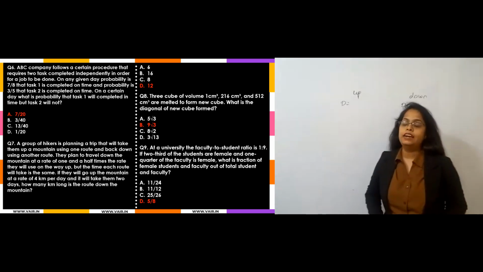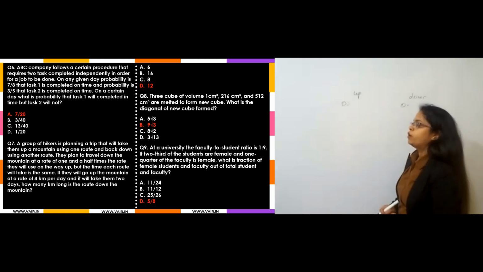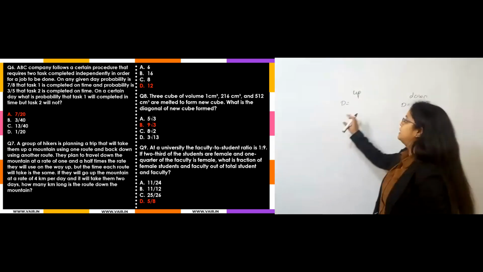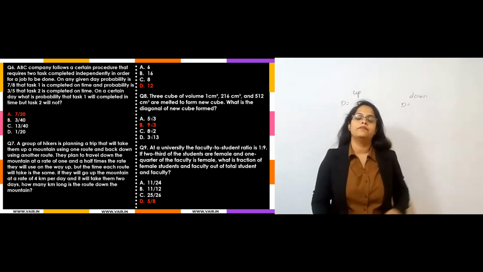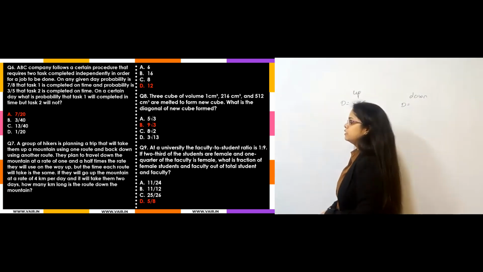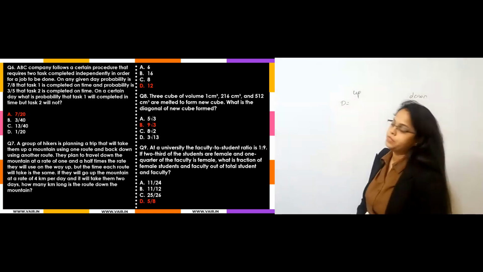Then they are saying that they plan to travel down the mountain at the rate of 1.5 times the rate they will use on the way up. Means at the up time its speed is x. At the down time it will be 1.5 times x, which means 3 by 2 of x.